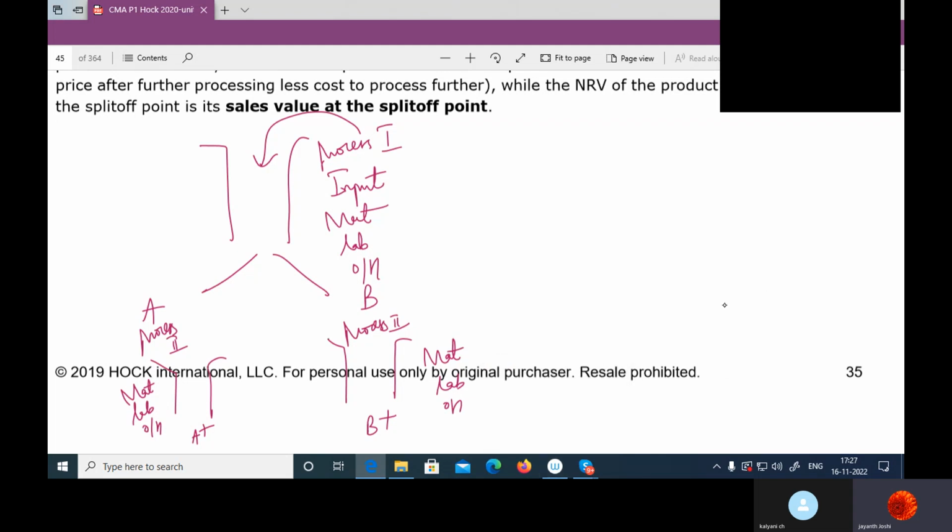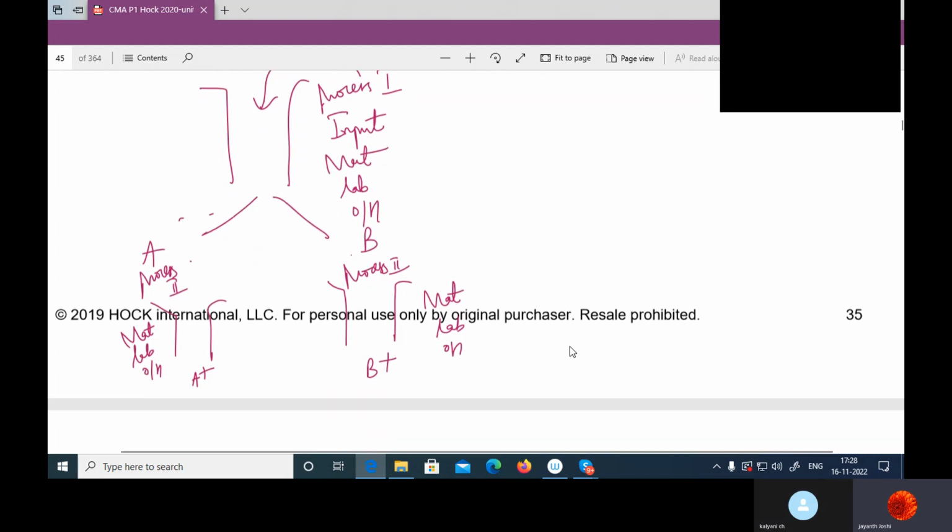So now, we just took the raw material as crude oil, and that raw material and labor and overheads, the entire input, has given us two products, correct? So we can directly get the cost of this A plus and B plus.